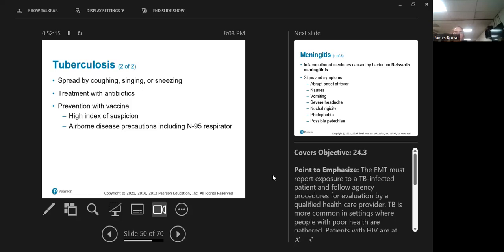Airborne disease precautions, including N95s. Usually, TB is a lifelong thing. So usually they know they have it and they'll tell you, yes, I have TB. Same with hepatitis. They'll know it. HIV, depending on your patient, they may or may not. We did have a couple of them here in town, and that'd be the first thing they'd say to us when we started to treat them.